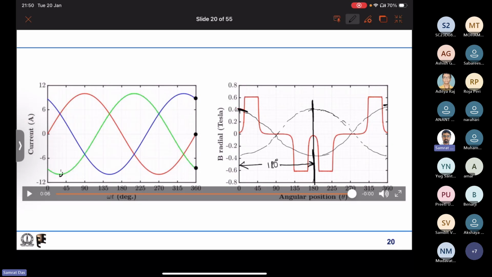So for this case, at least, if we traverse one electrical cycle, the B distribution is also traversing one cycle in space. So there is no confusion. Whatever is our electrical angle, that is omega t, is the same as whatever angle the B is rotating through.